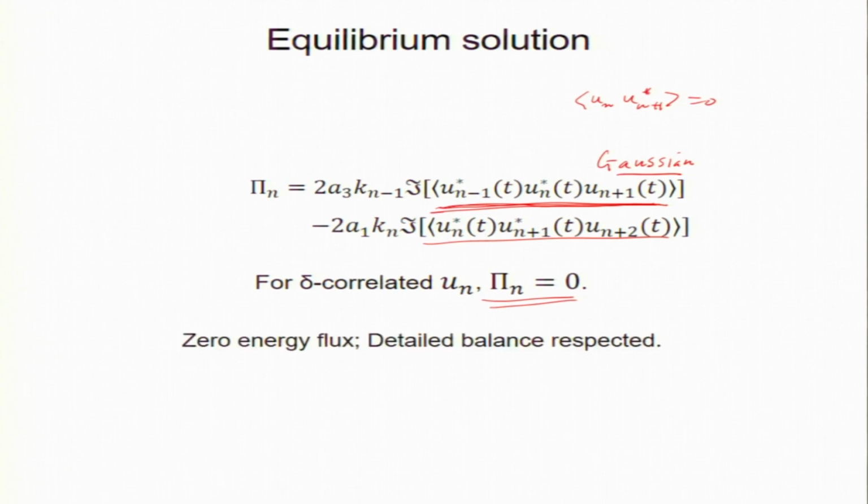Detailed balance is respected, this is the equilibrium solution, exactly the same as thermodynamics. So, given a shell model, it is not that it will always give a non-equilibrium solution; for some parameters it gives an equilibrium solution.